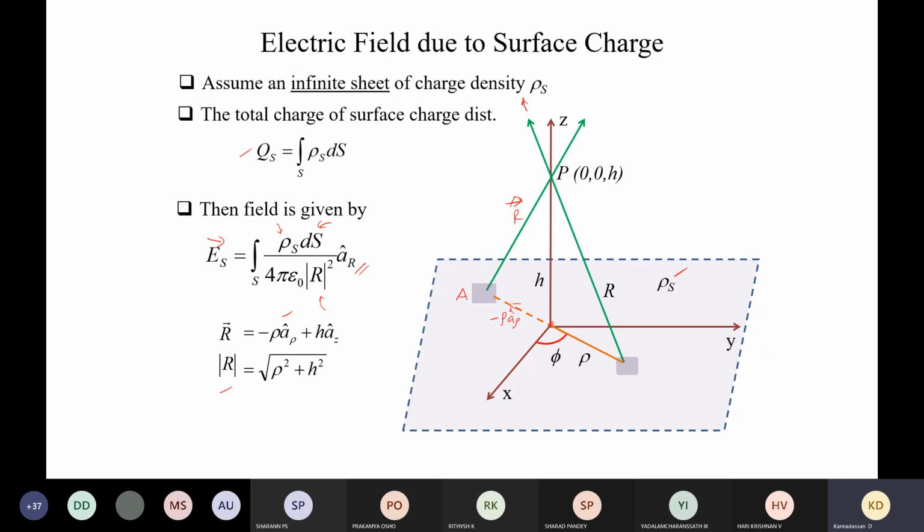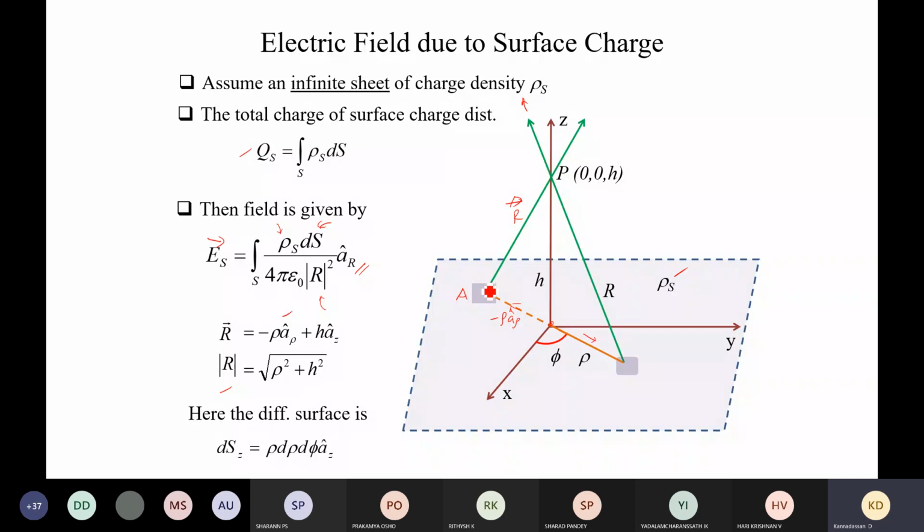And this is the magnitude of the R vector, R. Same thing when you do for the positive side, you can keep this value positive. There won't be any big difference. Now we are defining the surface vector.